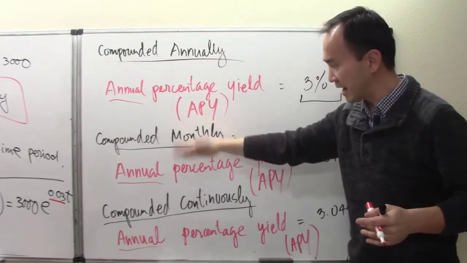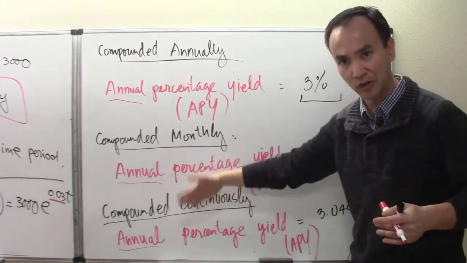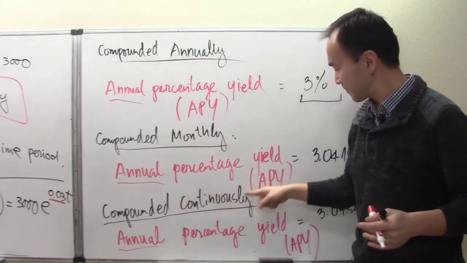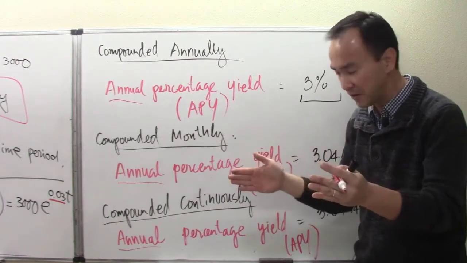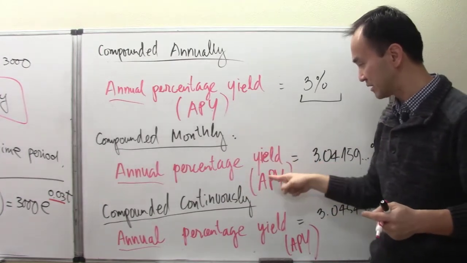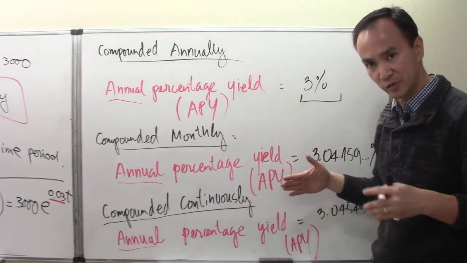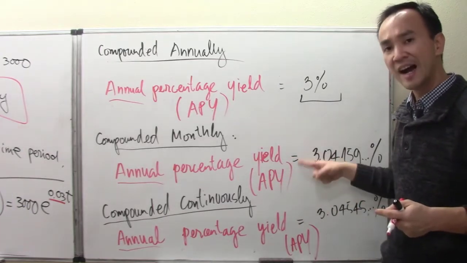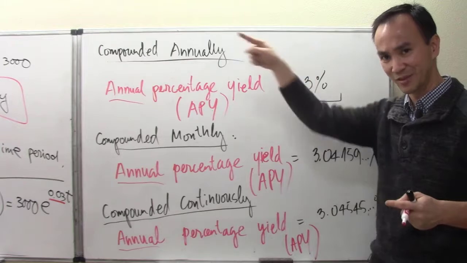But when it comes to compounding your interest more frequently in one default period, then the APY, the actual observed percentage yield, is a lot of the time higher than the one stated in the problem.